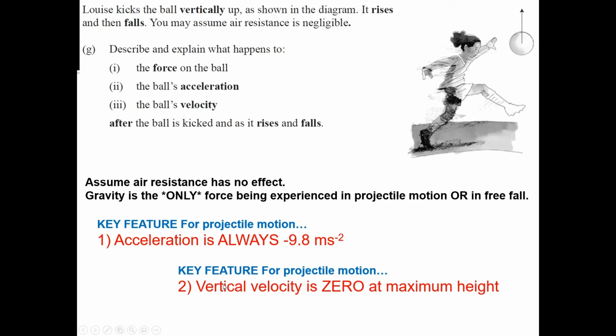And we can say that this is the final velocity if we want to take that as the end point. Or we can say that this is a midpoint velocity, but no matter what we say, that velocity will have a magnitude of 0 meters per second. The other key feature to recognize is that the velocity will be negative on the way down because it's going in the downward direction.